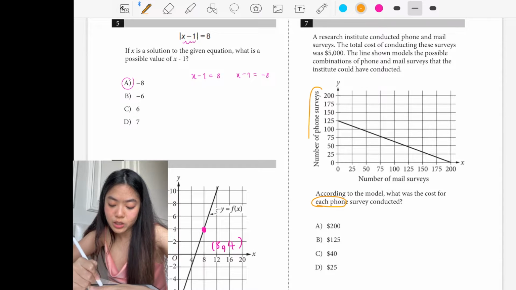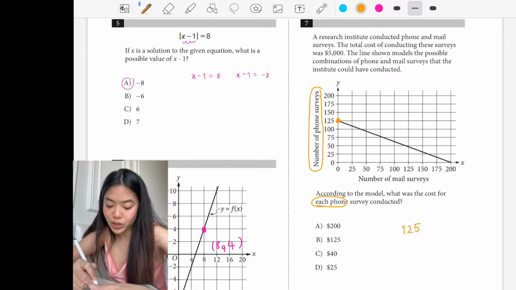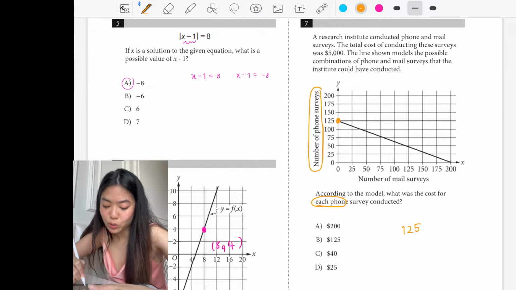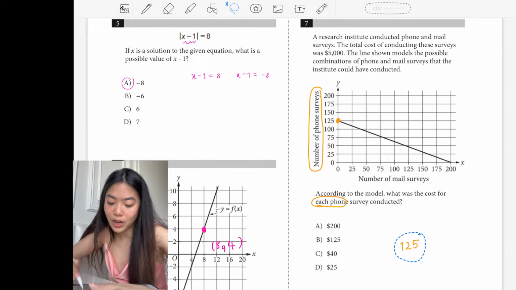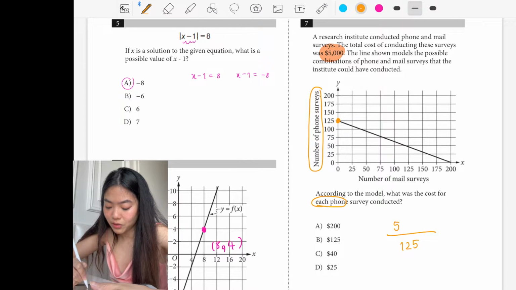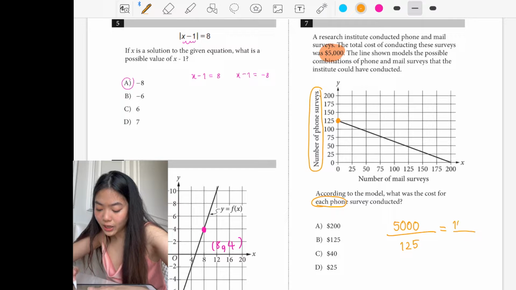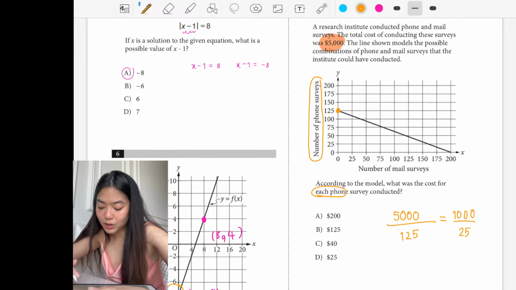This is the number of phone surveys, which is 125. So the cost is 5,000 and the number is 125, so we use 5,000 divided by 125. I divide both by 5, so it's 1,000 over 25, and then 100 divided by 25 is 4. Then the answer is 40.